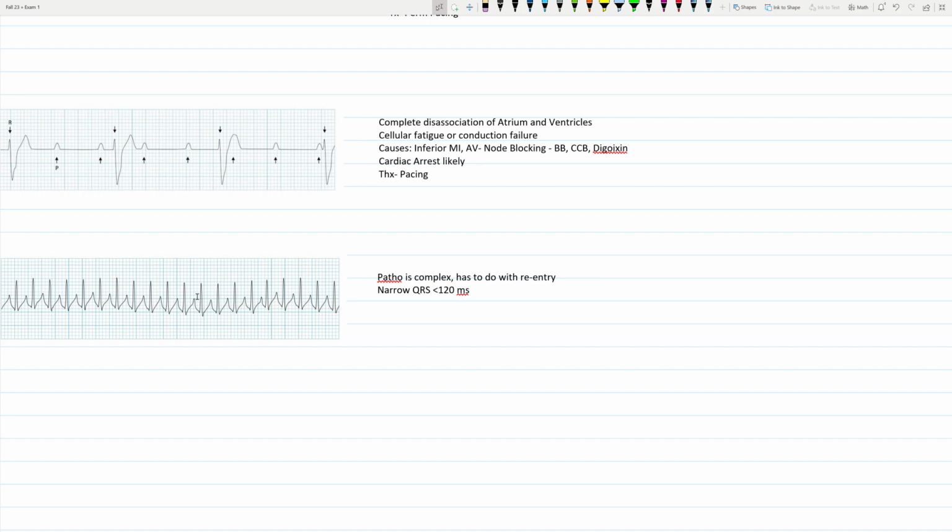We want to make sure that we are ready to go and intervene. Okay, so adenosine, the doses are usually going to be 6 milligrams up to a max of 12 milligrams, just those two doses, so 6 and 12. Usually in the ambulance, in a hospital things can be a little bit different, but usually it's a dose of 6 and a dose of 12.